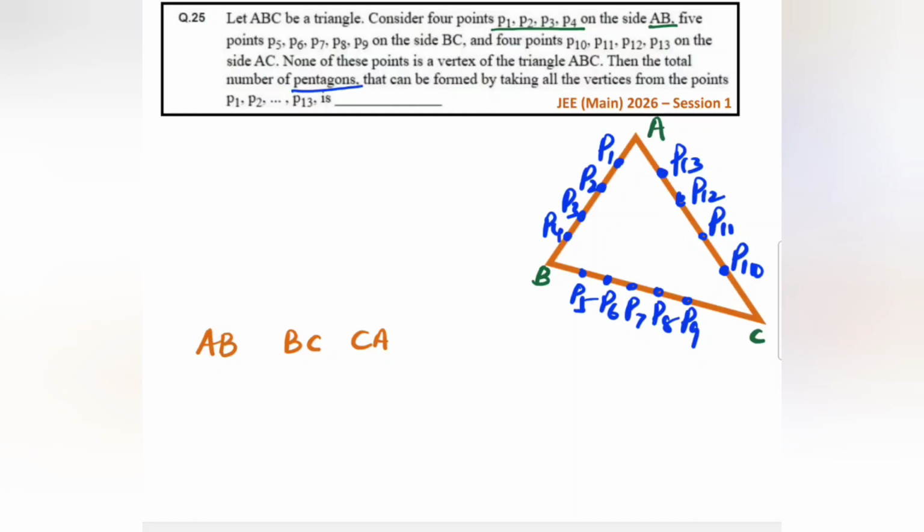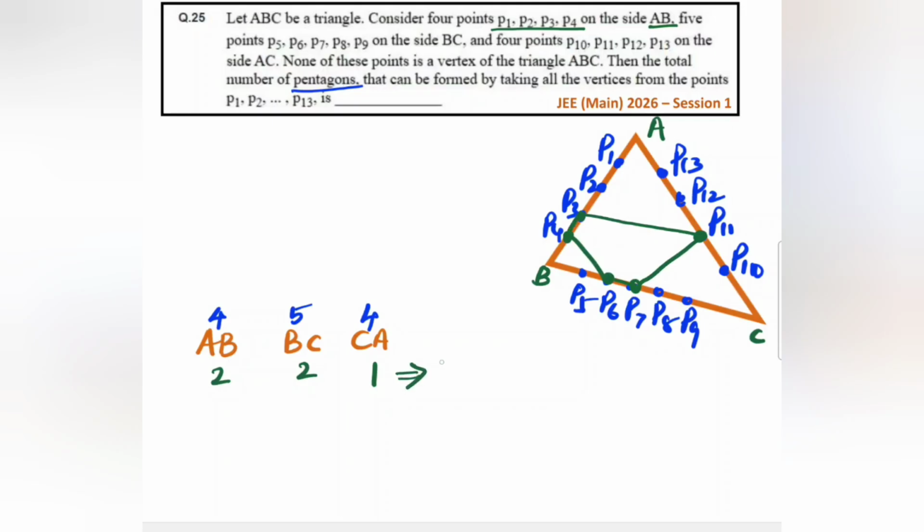AB has 4 points, BC has 5 points and AC has 4 points. Now we can get a pentagon if I choose 2 from this, 2 from this and 1 from this. So this is what the pentagon is.